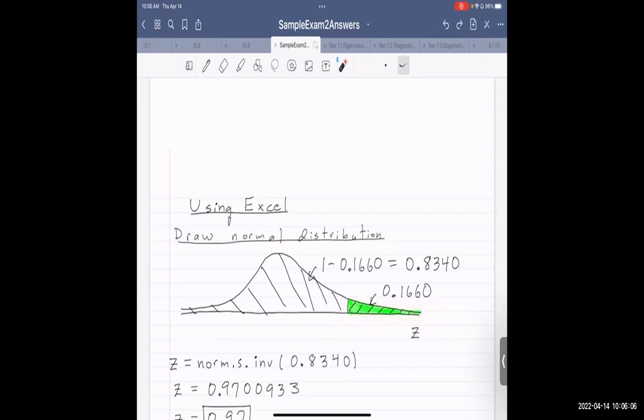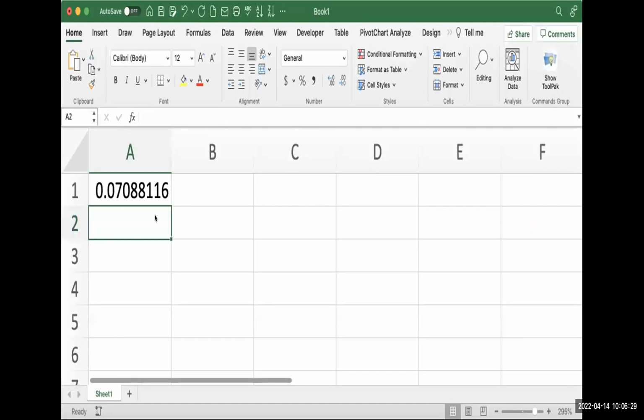I'll have to do what I did with the TI-83: the inverse norm, not for the right tail but for the left tail, so I'll have to subtract this from 1.